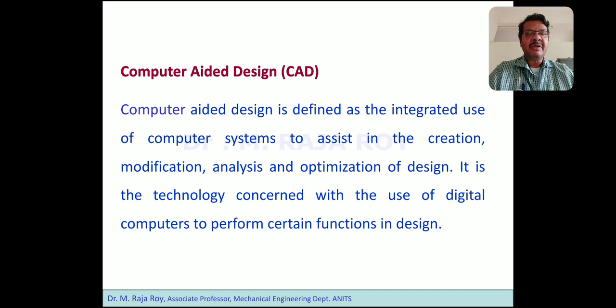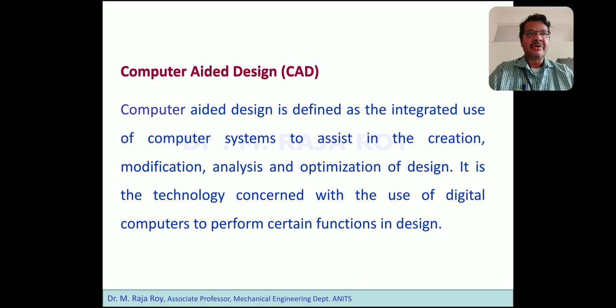But here modification is easy, and once the model is ready, you can take it into any analysis package like ANSYS, Nastran, NISA, etc. and do the analysis on the virtual model inside the computer system. Then optimization can be done. Optimization means you can get the best value of the material to minimize the manufacturing cost, so material dimensions can be optimized.